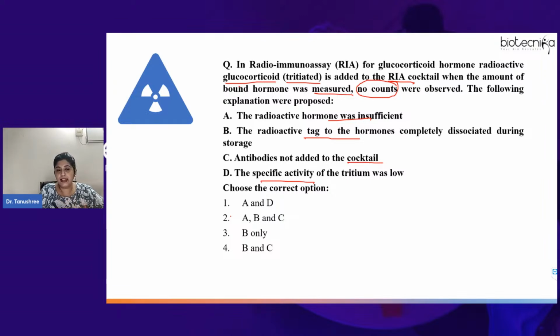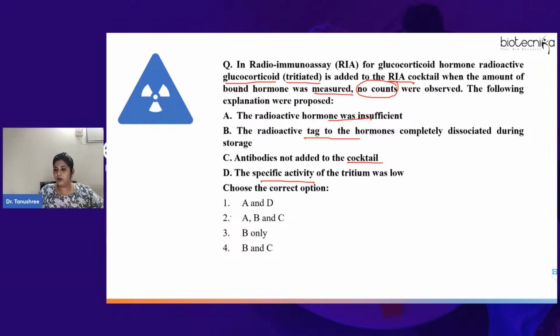But you know, in CSIR NET, we get experimental based questions, right? That is why we always say that if you're getting a chance to perform experiments in wet lab, don't miss that, because if you perform the experiments on your own, you can better relate with the theory, right? Theory and practical go hand in hand when it comes to the techniques part.